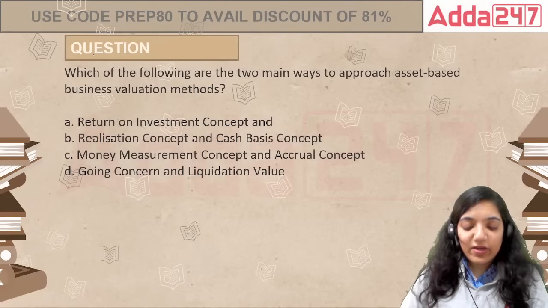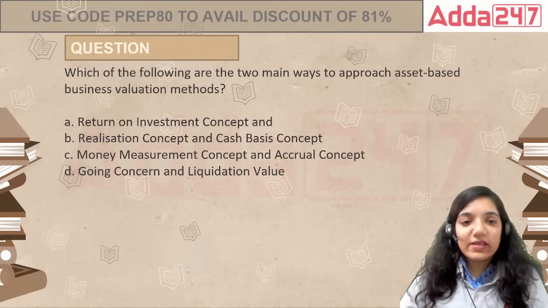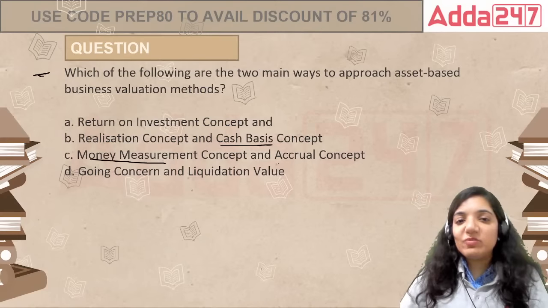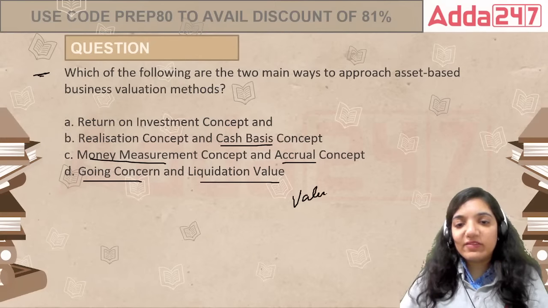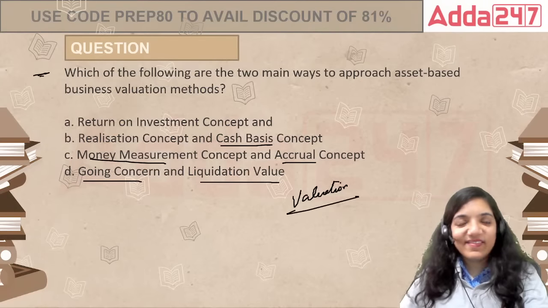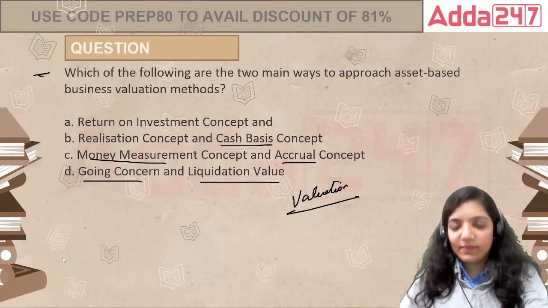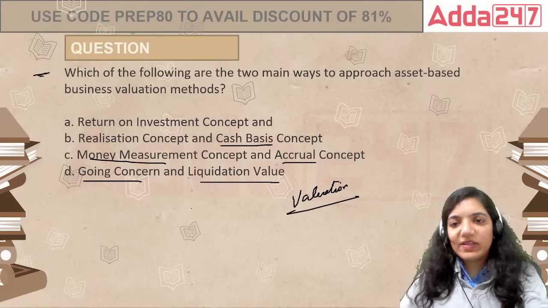Then second point is basically the area of realization concept and cash basis concept, money measurement as well as accrual concept, or going concern and liquidation value. These are the various valuation methods, everyone. Correct answer is B. Okay. B point is realization concept and cash basis.